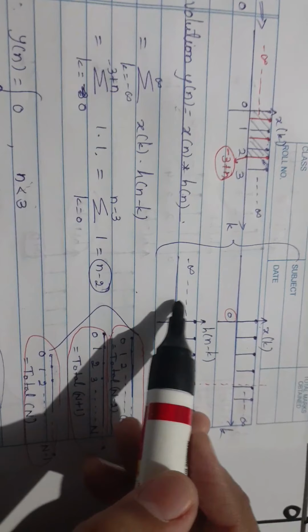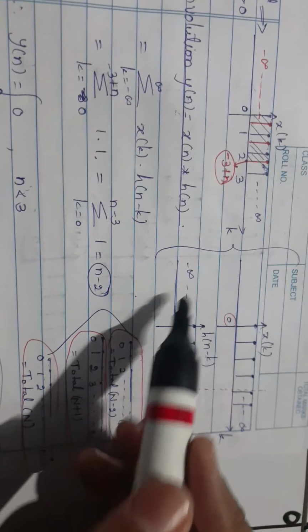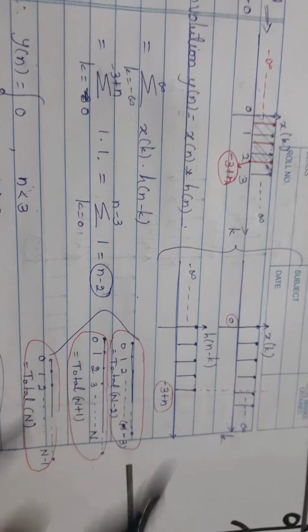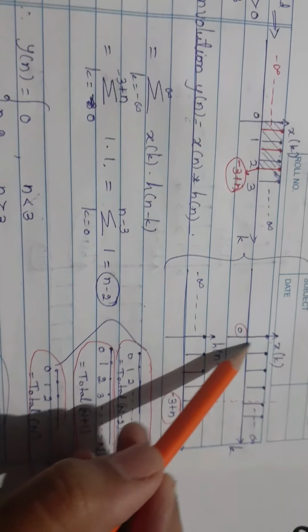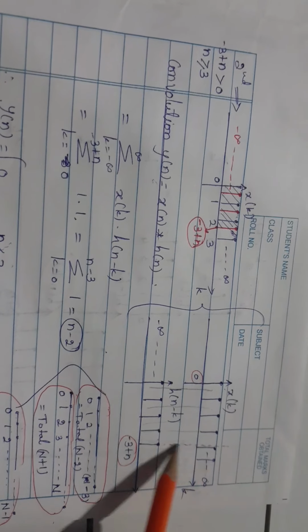If you try to multiply these two signals, see here, 0 multiplied by some value will not give any value here. Now after 0 we have the values here, and here also after 0 we have the values. So this product we can calculate here, here, here, here and here.